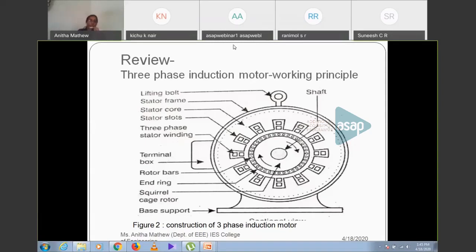When we are giving three-phase supply to the stator conductors, a rotating magnetic field will be developed, and the stationary rotor conductors get cut, EMF will be induced in the rotor conductors, and induced current will be produced. This current will act so as to oppose the cause producing it.